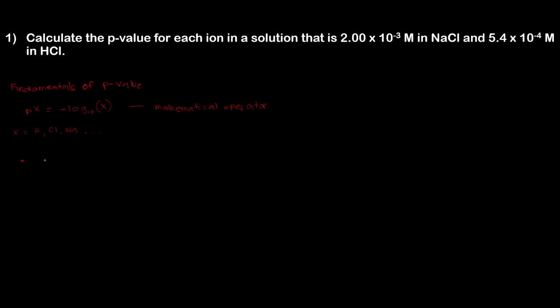It is used because oftentimes we obtain extremely small or extremely large concentrations. By using this mathematical operator, we can transform these extremely large or small numbers spanning several orders of magnitude, thus having a more manageable scale.